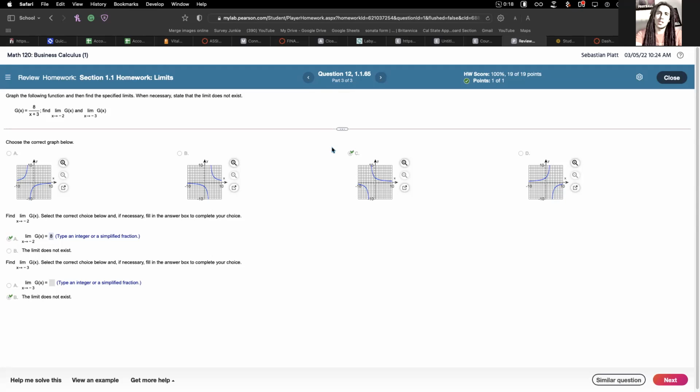If not, you can go online and use some graphing software like Desmos or Mathway in order to graph this easily. So then once you graph it, you choose the correct graph. Now, the main portion of the work is, of course, finding the limits.